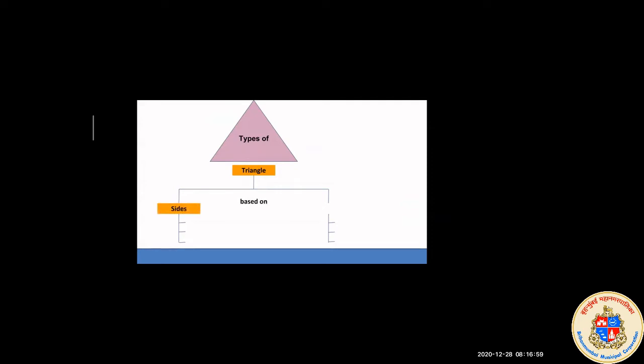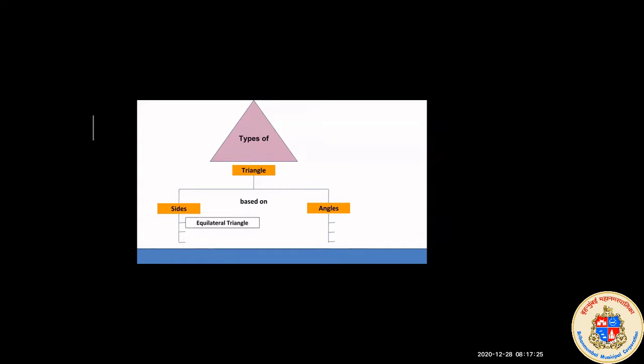These triangles are distributed on the basis of their sides and on the basis of their angles. It has three sides only, but in that also we will see what difference we have. Triangles are classified on the basis of the sides and the angles.